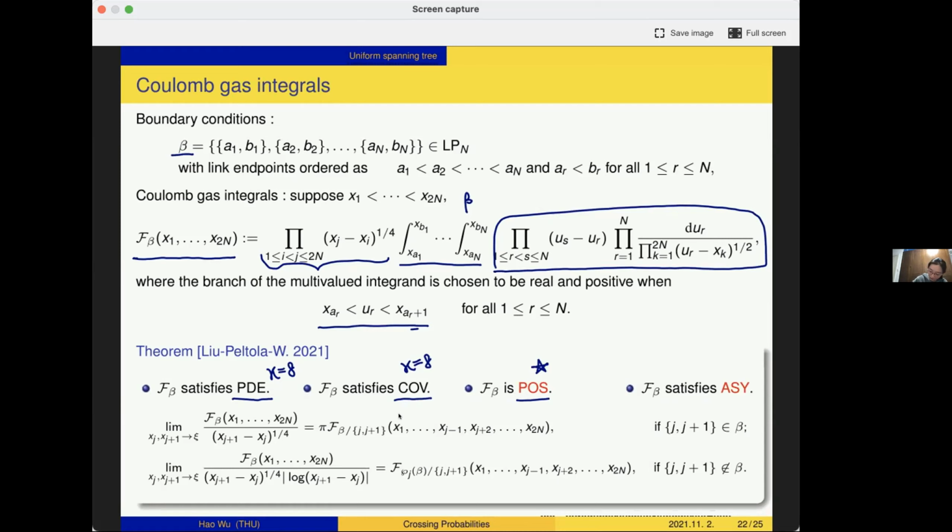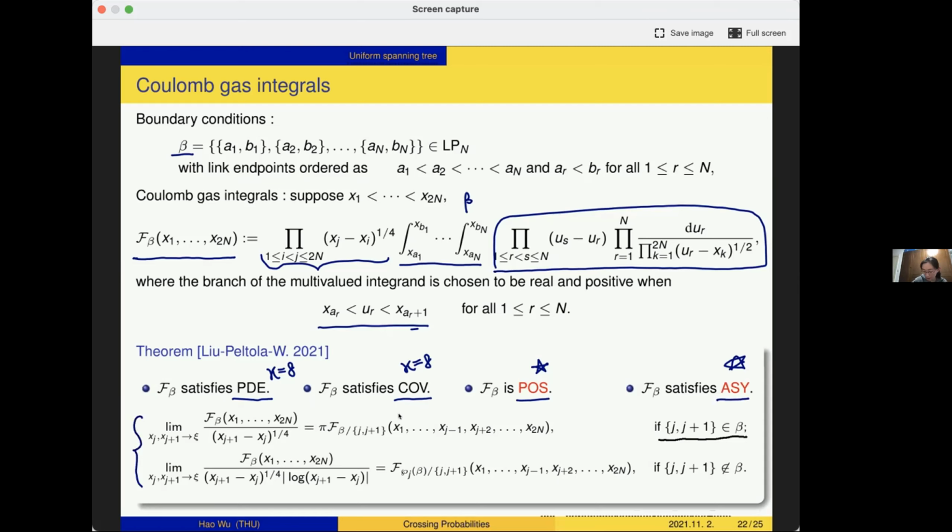And finally, we observe that this F beta satisfies the following asymptotics, and this is where it is very different from the case of kappa less than 8. So here are the asymptotics. We first describe the usual case.